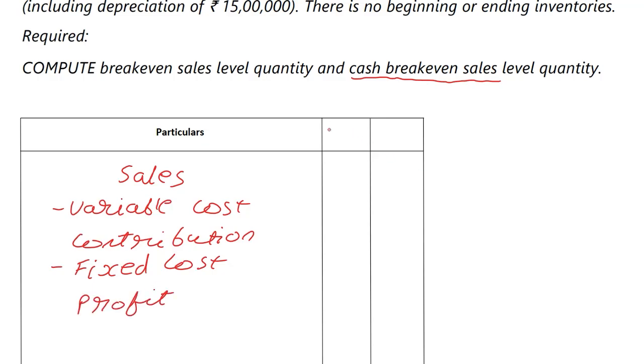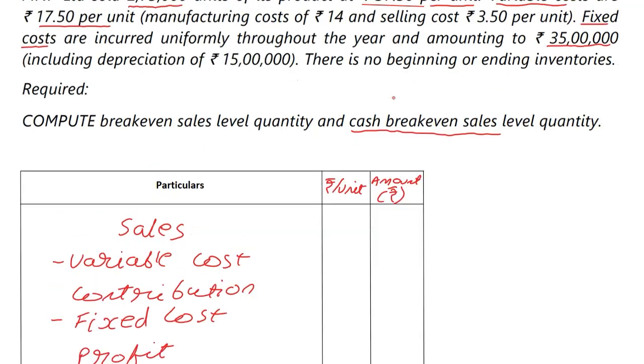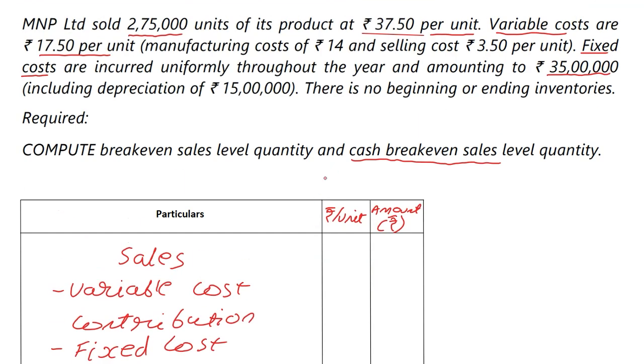Now, we have rupees per unit and we have amount in terms of rupees. I'm just going to fill up the data that is available. We are talking about 2,75,000 units. A lot of this may not even be needed for the final answer, but it helps to at least put it into the table and then see where we stand.